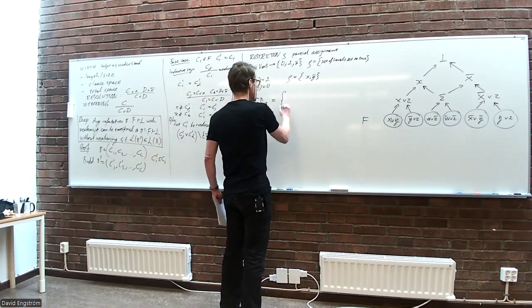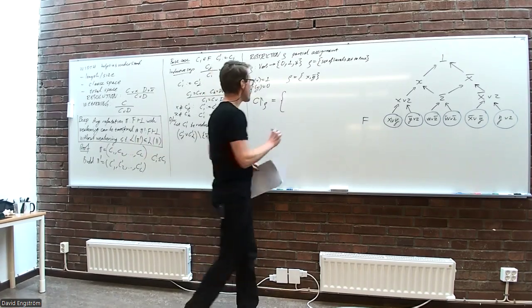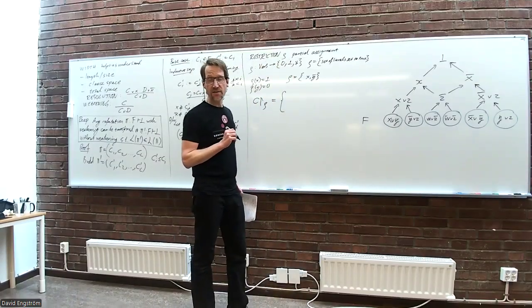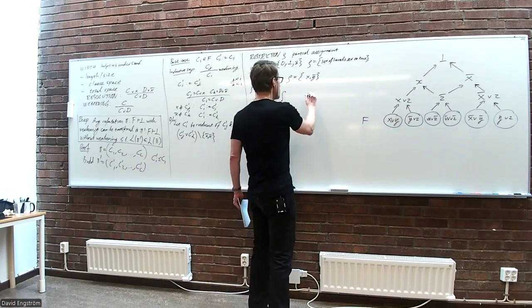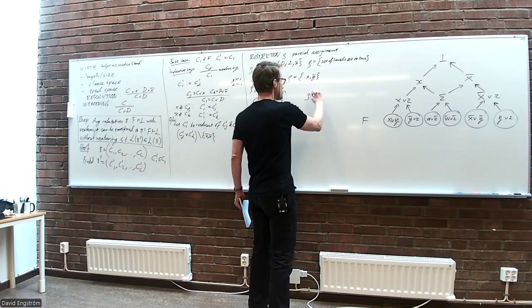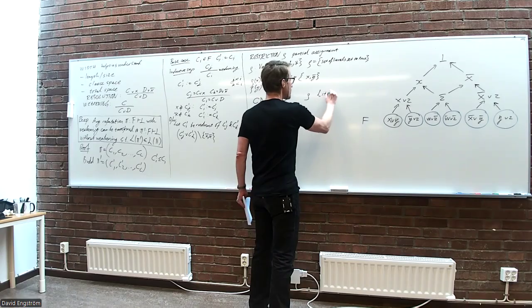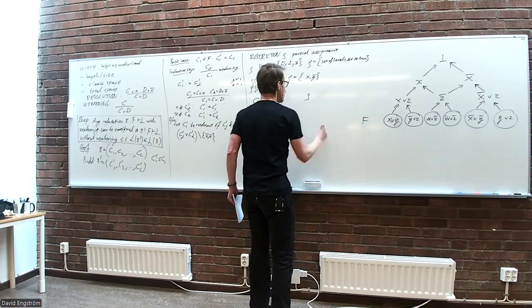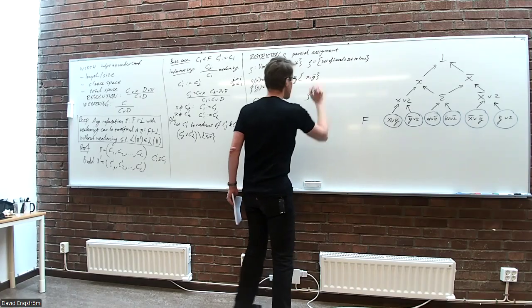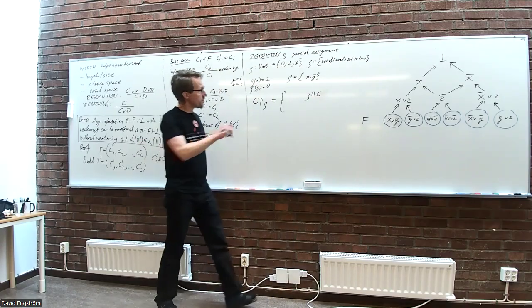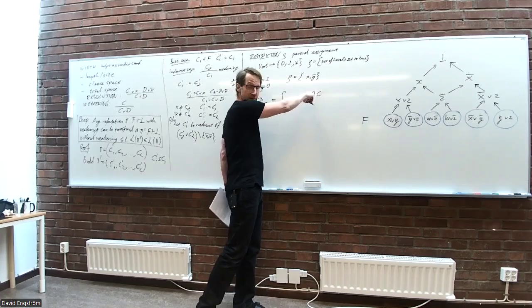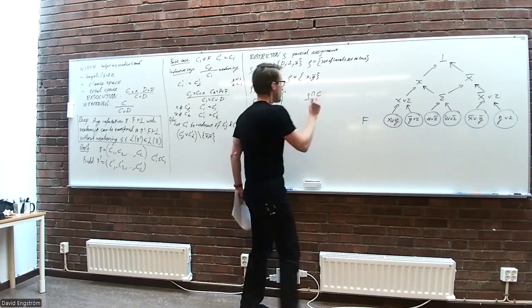There are two cases. Suppose that rho satisfies the clause, which I'm introducing a bit more notation on the fly. So if rho intersects C, note that we agreed that a clause is a set of literals and a restriction is also a set of literals. So this notation makes perfect sense.